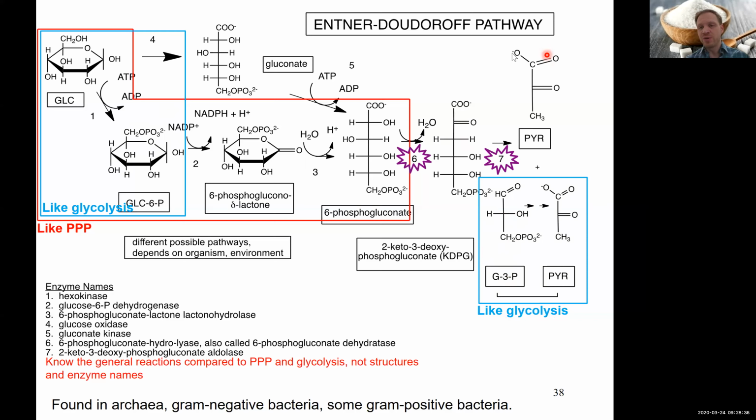This has really important consequences for our ATP yield, right? So the net ATP yield of the Entner-Doudoroff pathway actually is only 1. And that is because we are making, in this part of the pathway, G3P to pyruvate. We had talked about our substrate level phosphorylation, we're making 2 ATP.